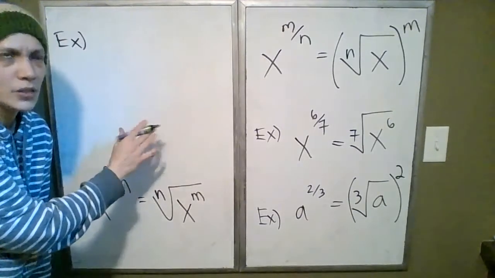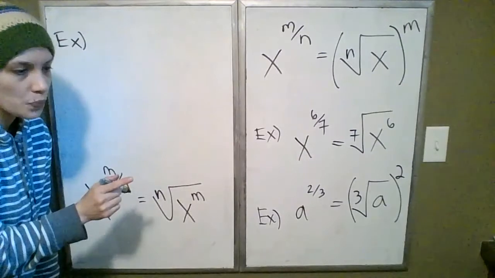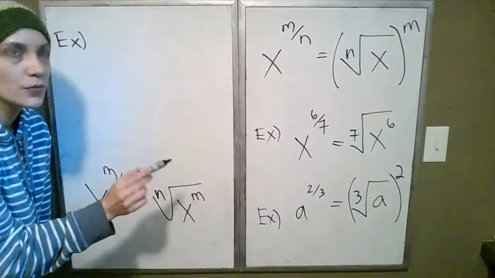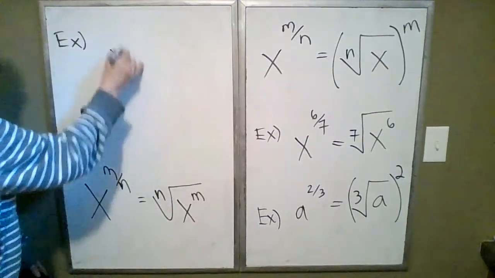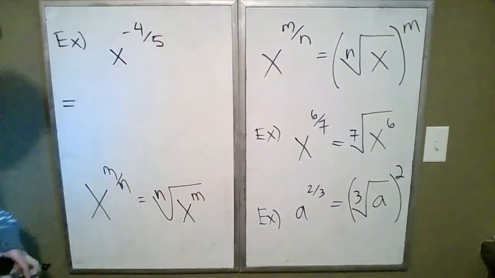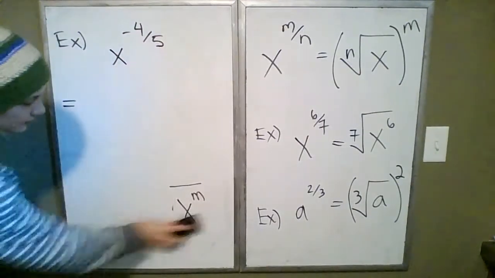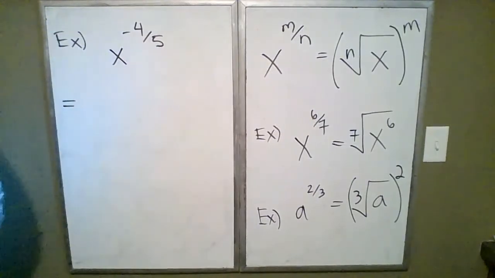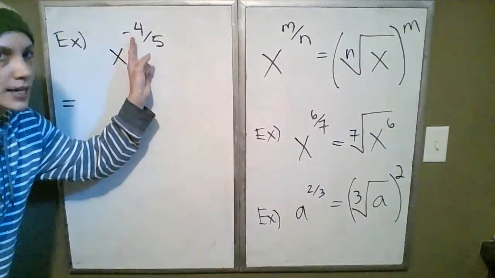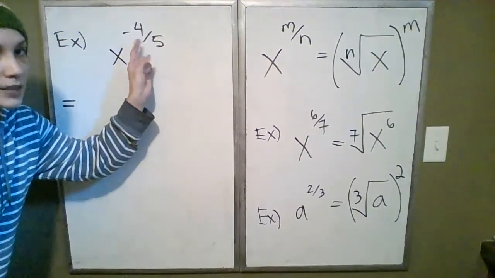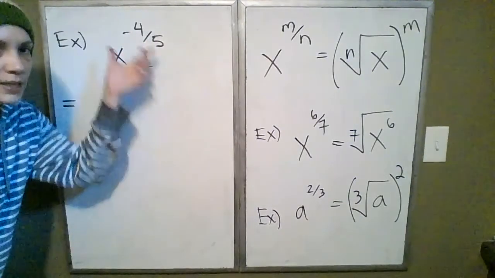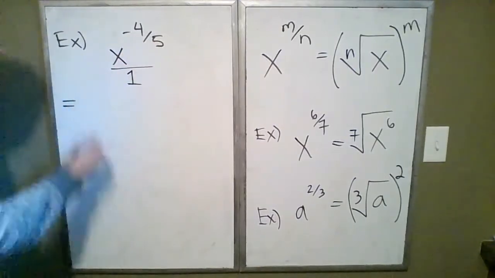Let's say that you have, let's keep it with x, and it has a power of negative 4/5. Take care of this negative sign first. If you have a negative sign as part of your exponent, we can think of this as x to the negative 4/5 over 1 and bring everything to the denominator.